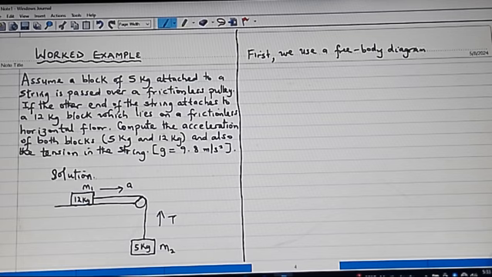To illustrate that, what do we mean by free body diagram? These two blocks, we will represent them by just a dot and indicate all the forces acting on it. So this is our mass M1, which is 12 kg.